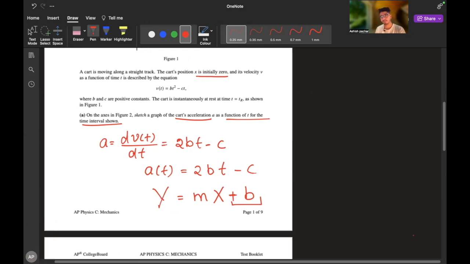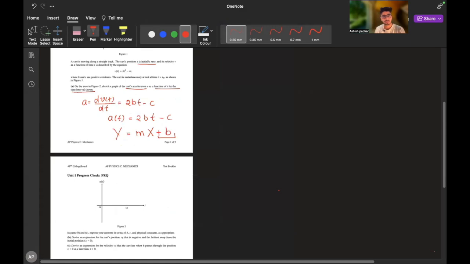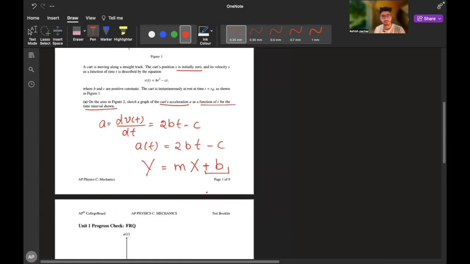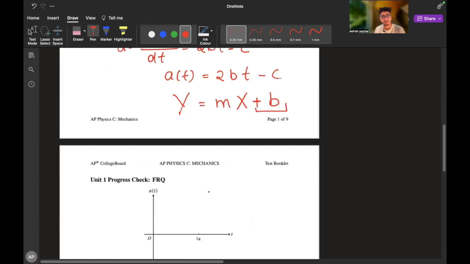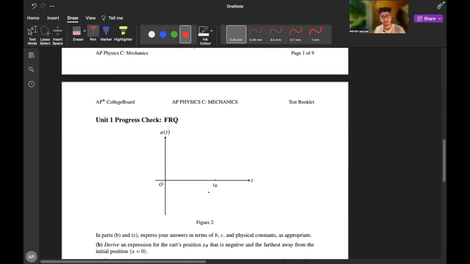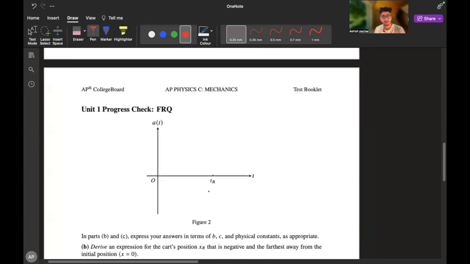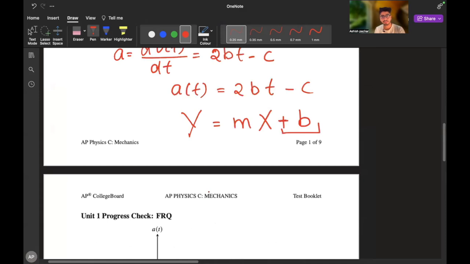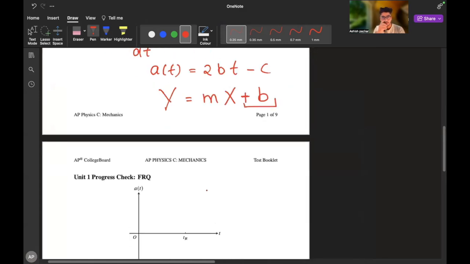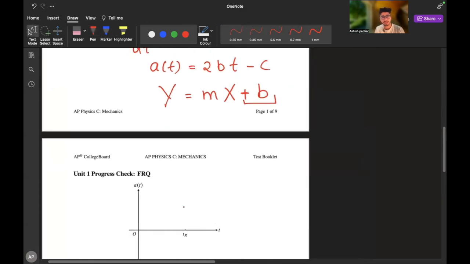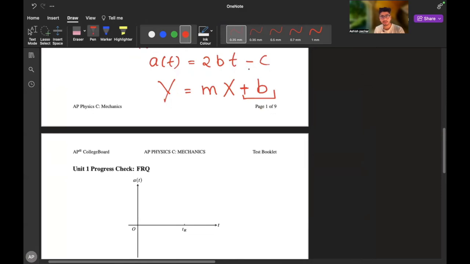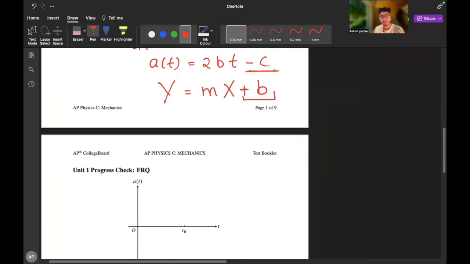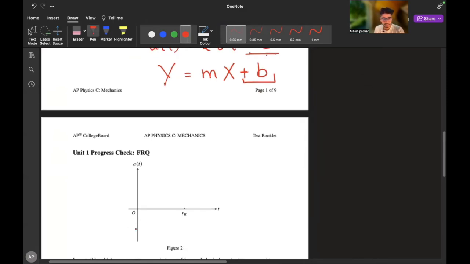So let's practice that one. They have already given the graph. So we have the acceleration as a straight line. The y-intercept is minus c, so I can point it out at minus c here.